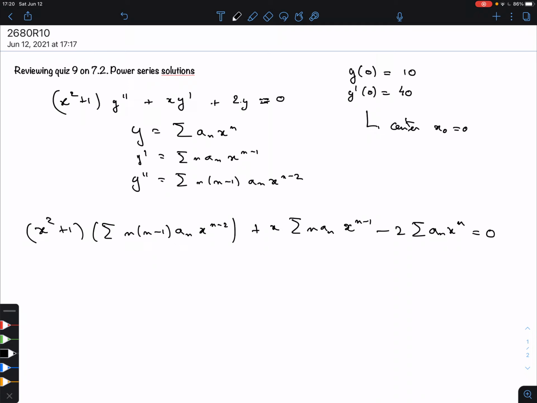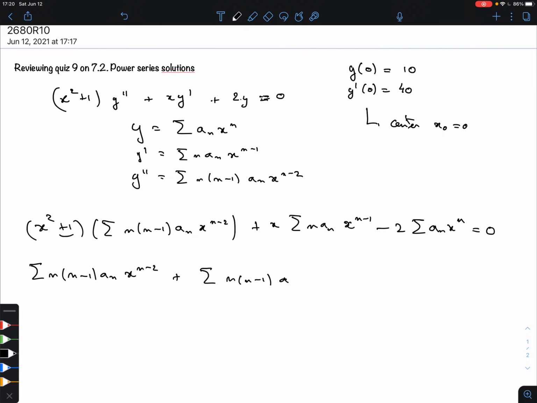This gives me, let's do this one first, because that's the special one, right? Because this one doesn't have the right power yet. But the next ones, because we are in this easy case, all the powers will now match up. We have this x squared together with that will give me x to the n, and the same here.